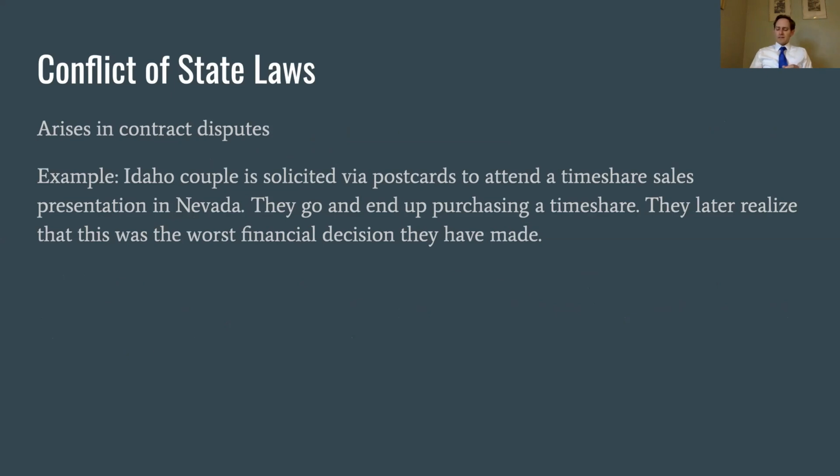Conflict of state laws. Let me just introduce this. I'm not going to test on it, but the question comes up often. Every state has different laws to some extent. Most of the state laws are about the same, and the major ones are going to be the same. But we talked about this week with drug law, like marijuana laws.